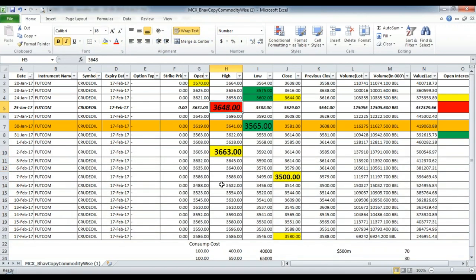Did it try going above this red value? Yes. Do you see when it tried going above this red value, it failed? It came down, right? It tried going above this level, it failed. Correct? The same way, when it broke out this level, did it fall? Yes.